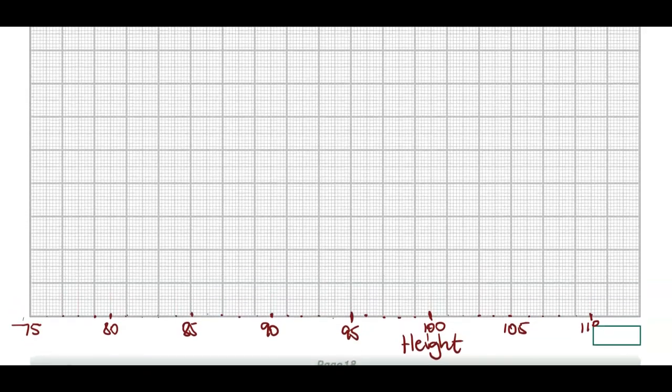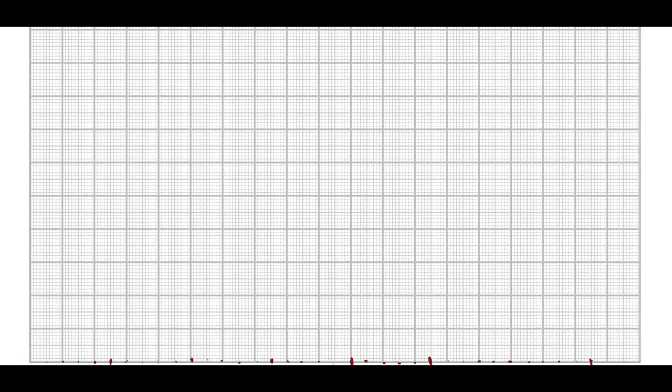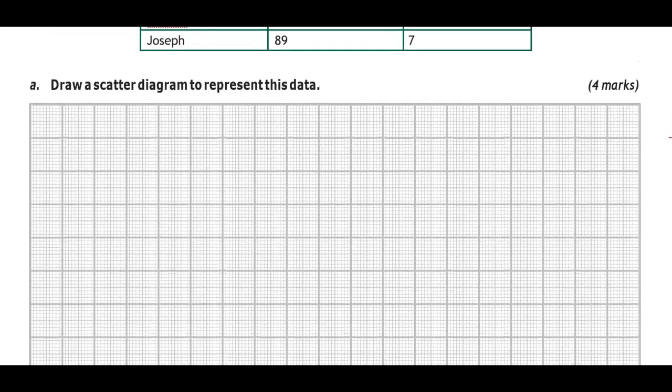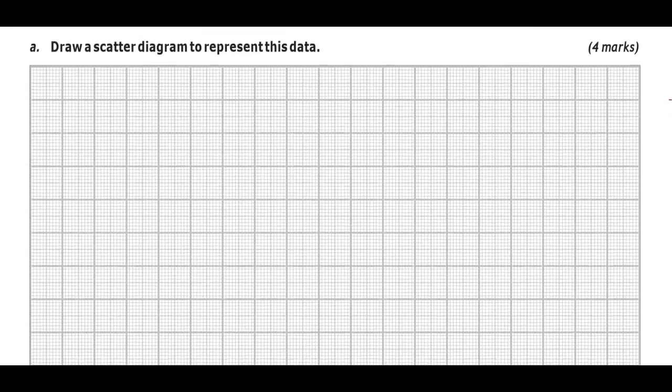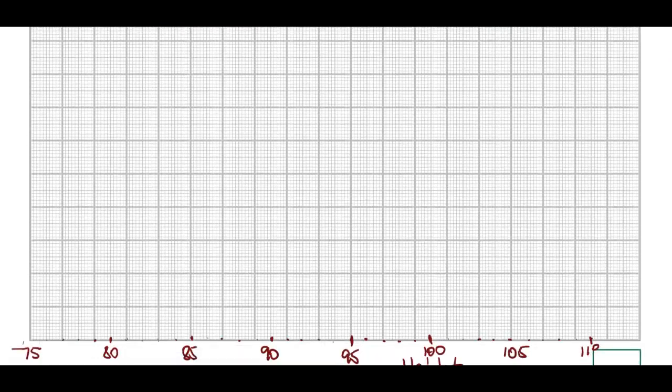Having a look at how many squares this goes up, 1, 2, 3, 4, 5, 6, 7, 8, 9, 10, 11, 12, 13, 14. So we'd have enough to fit 12 in.